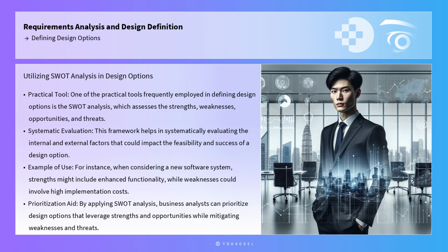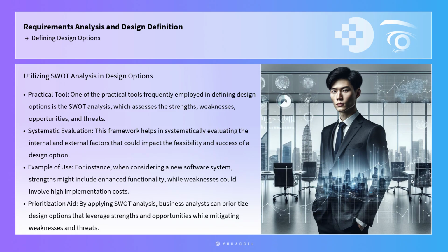One of the practical tools frequently employed in defining design options is the SWOT analysis, which assesses the strengths, weaknesses, opportunities, and threats associated with each potential design option. This framework helps in systematically evaluating the internal and external factors that could impact the feasibility and success of a design option.